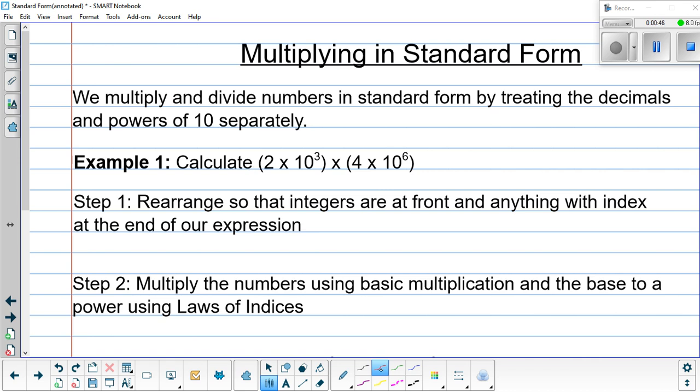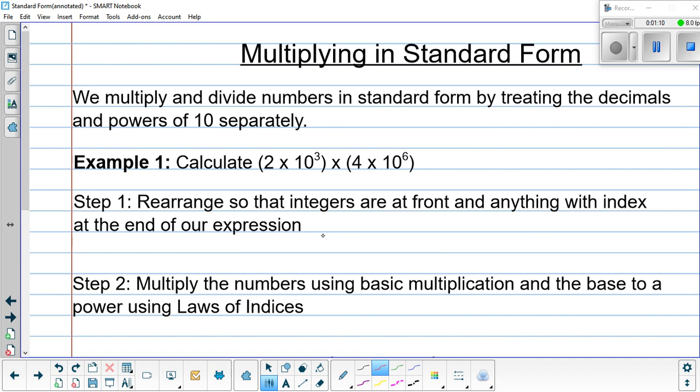So we want to rearrange so that the integers are at the front and anything with an index is at the end of our expression. We can do this because all of these are multiplied, and in multiplication it doesn't matter the order we multiply in, we'll get the same answer. So we can move the terms around any way we want.